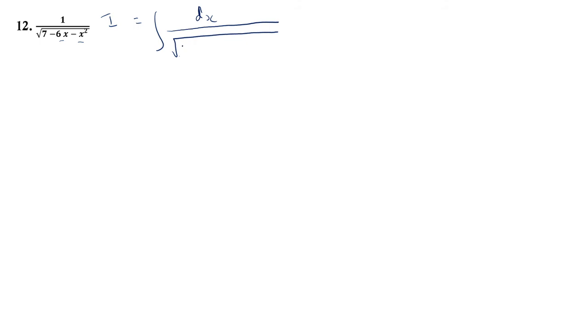So it is dx by square root of 7 plus 9 minus 9 minus 6x minus x square.